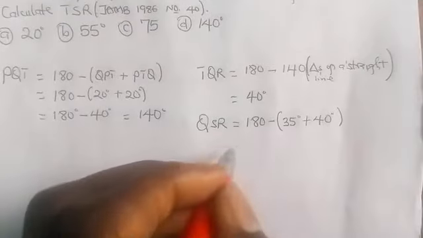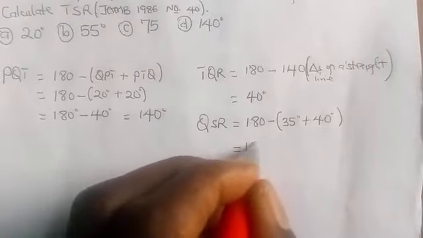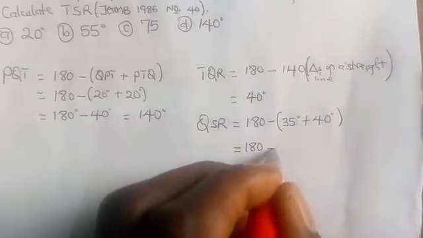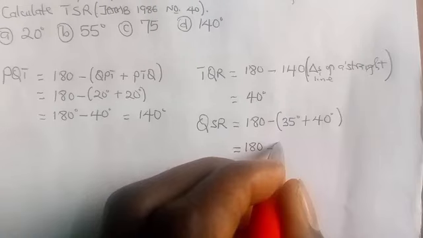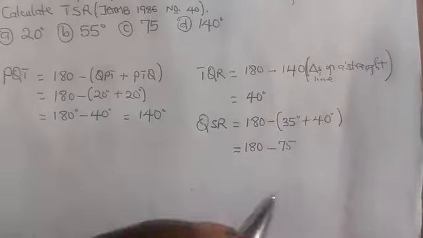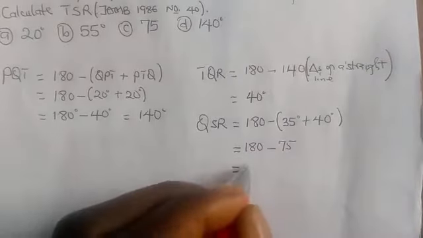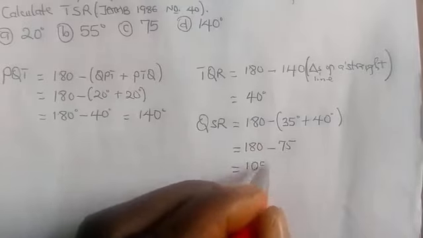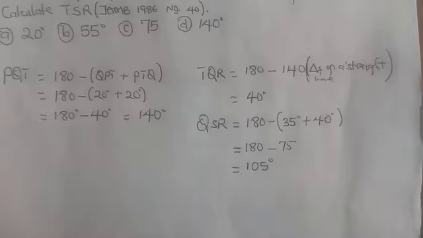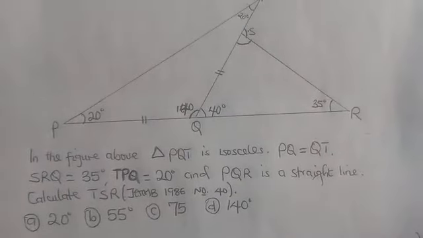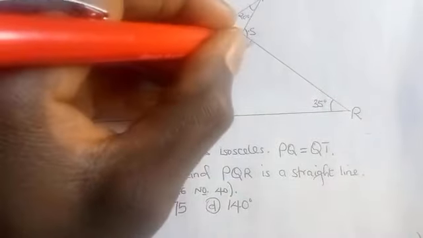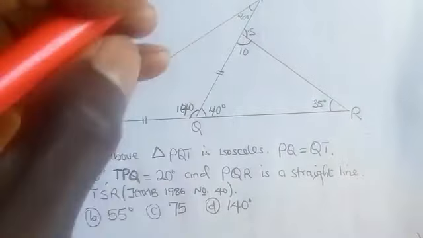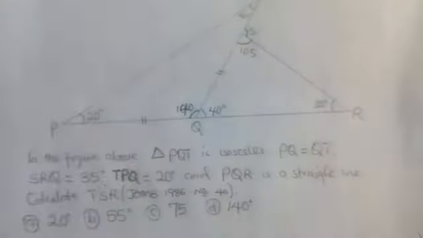So QSR will be equal to 180 minus 35 plus 40, which is 75, and that is equal to 105 degrees. So QSR, this angle here, is equal to 105 degrees.